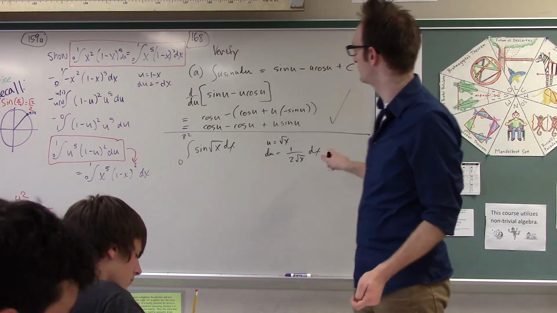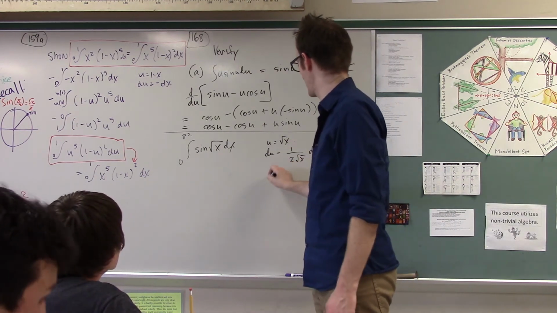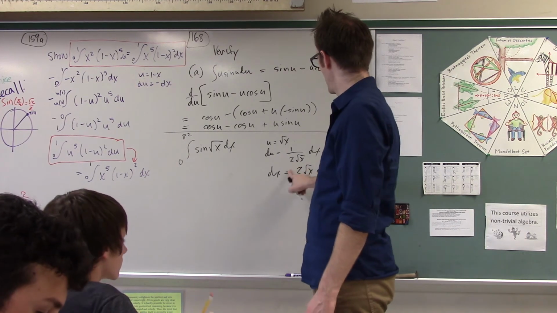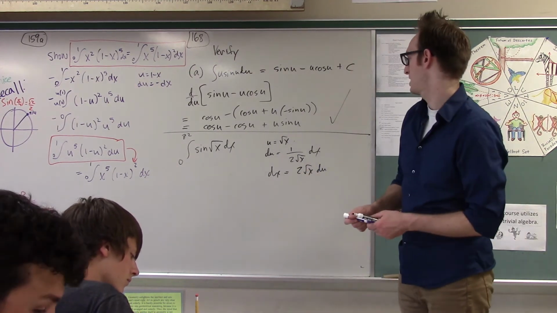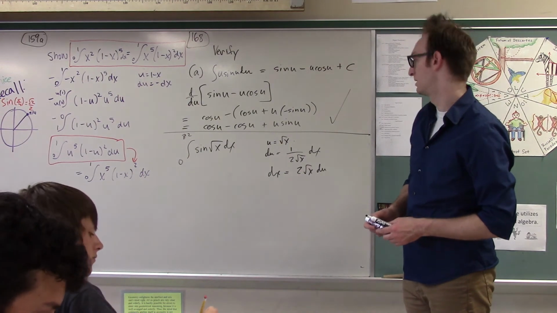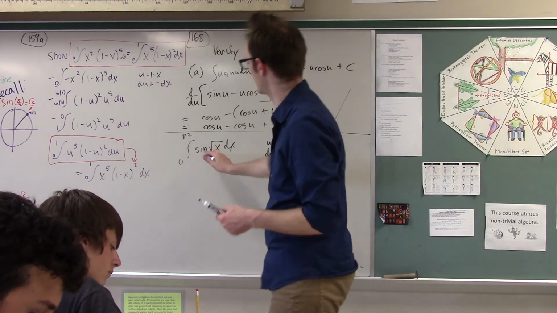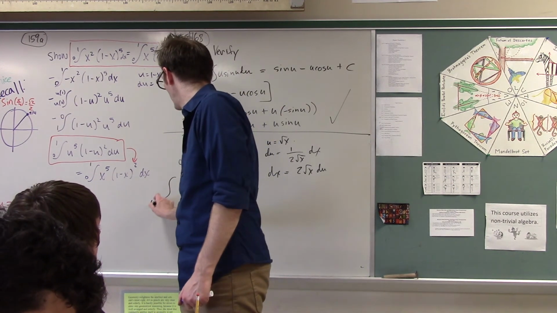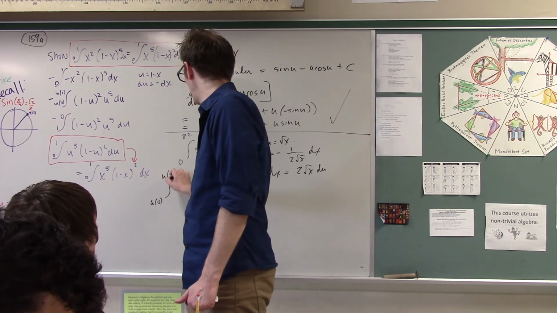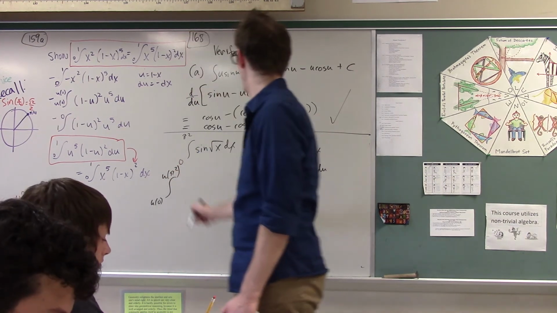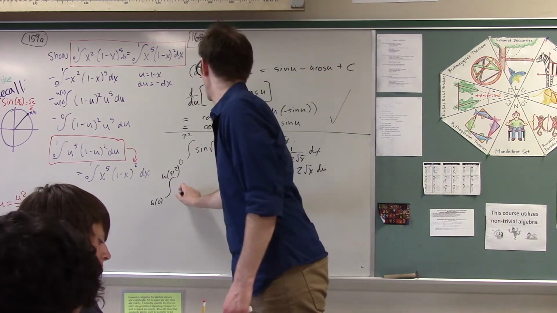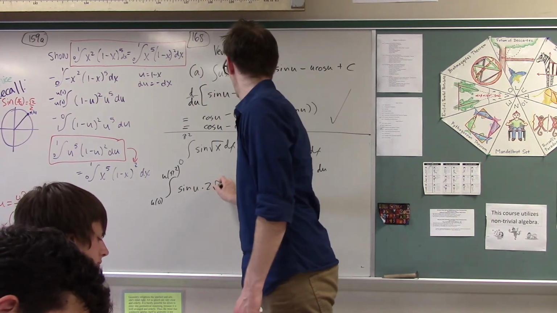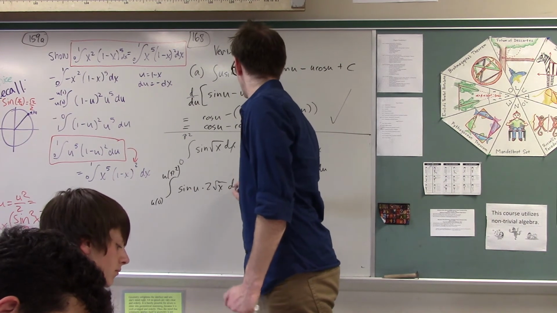And so now I can do one of those swingy things, where I say dx is 2 root x du. If dx is 2 root x du, then now I'm going to convert this into u's. So this becomes the integral from u of 0 to u of pi squared of sine of root x, which becomes sine of u, and dx becomes 2 root x du.